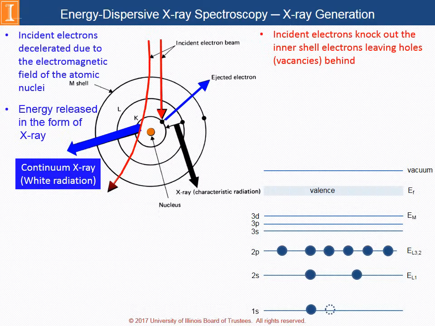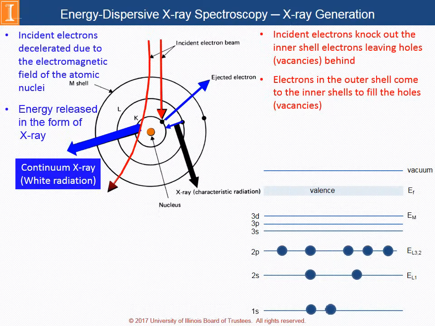The second type of X-ray generated from the interaction is characteristic X-ray. Here, the incident electrons knock out the inner shell electrons, leaving holes, vacancies behind. Electrons in the outer shells come to the inner shells to fill the holes, since inner shells have lower energies.